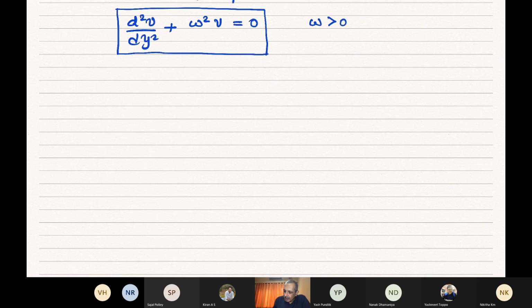You can assume that V is of the form e raised to the power mx or something like that, and then solve it. But I'm just going to put down the solution directly, and we'll verify that it is correct.